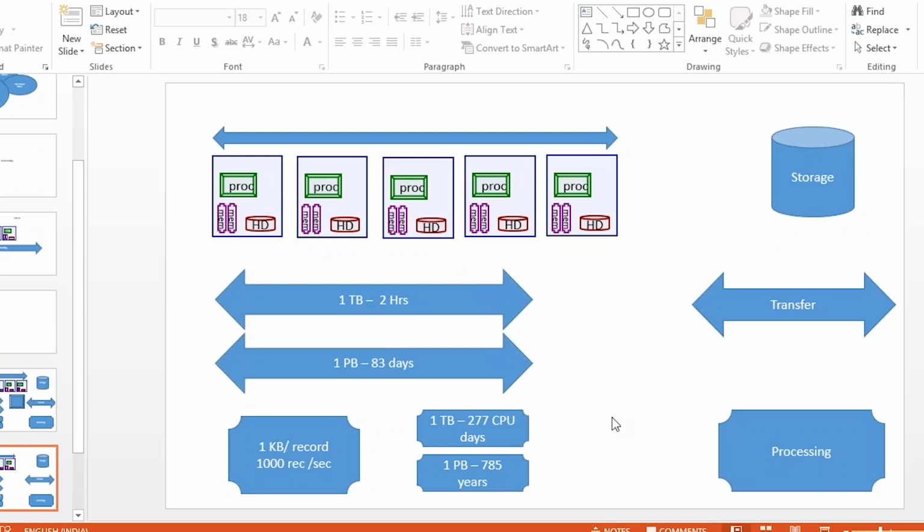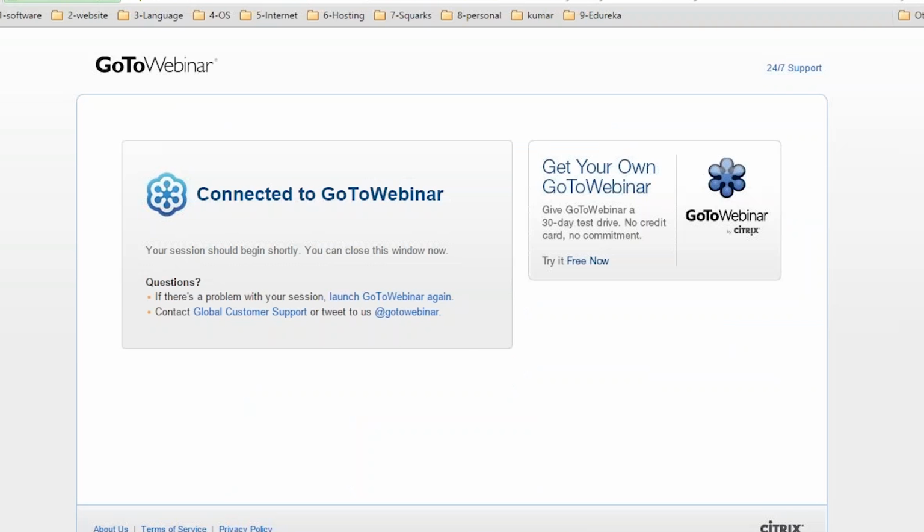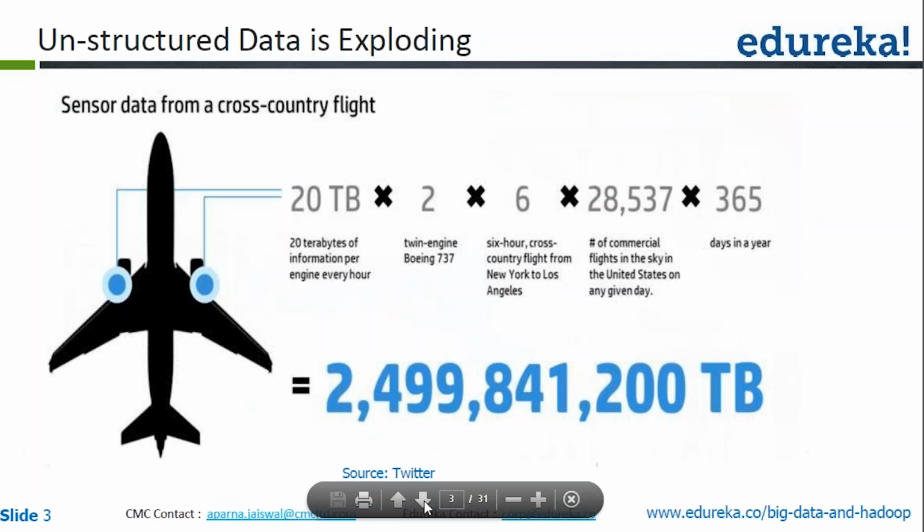Even getting 100,000 machines is not a huge job. I'll pay for what I am using and get things done, right? So the biggest problem in front of us is the transfer problem. We will see how we are going to address that specific problem.